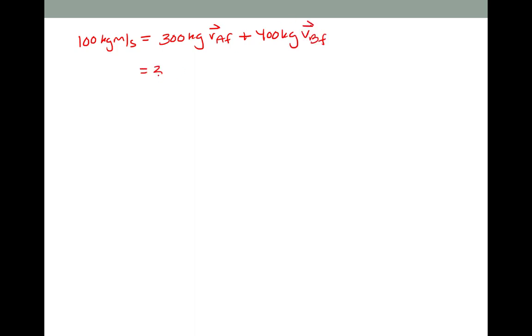And now we're going to substitute in 300 kilograms VA final plus 400 kilograms times the quantity 5 meters per second plus VA final. Okay, removing the parentheses.